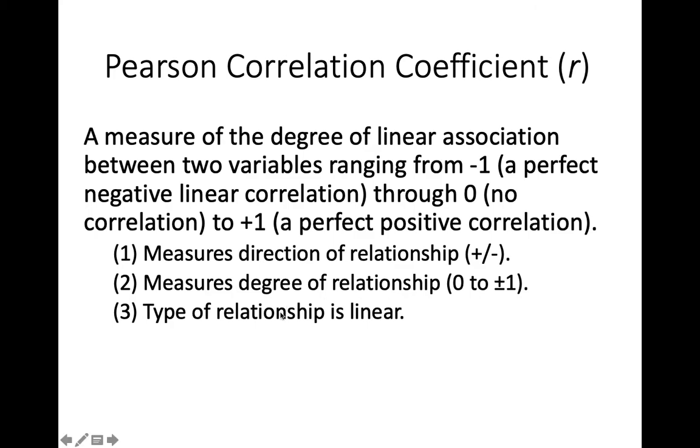And importantly, the type of the relationship is linear. It only makes sense to express a relationship in terms of a Pearson correlation if we can assume that we have a straight line or linear relationship. If we have a curvilinear relationship, we have to use different statistics. So the assumption here is that the pattern of data is linear.